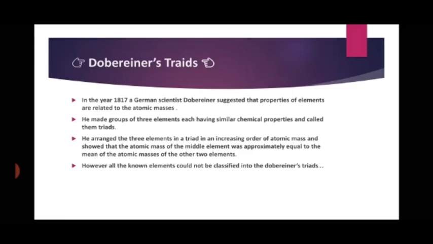What is meant by increasing order of atomic mass? For example, if three, four, or five elements are there, increasing order means 1, 2, 3, 4, like this. So he arranged the three elements in the triad in increasing order of atomic mass, and showed that the atomic mass of the middle element was approximately equal to the mean of the atomic masses of the other two elements.